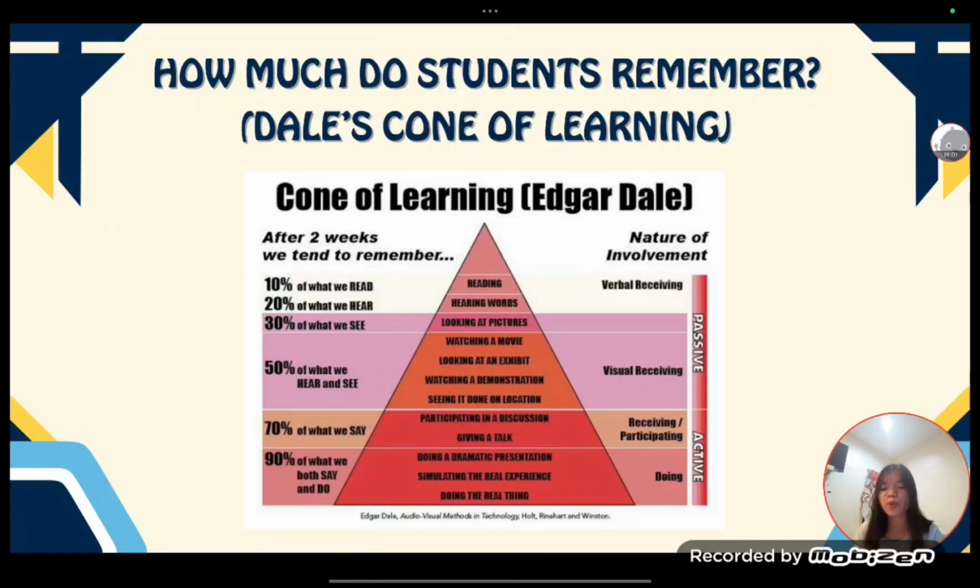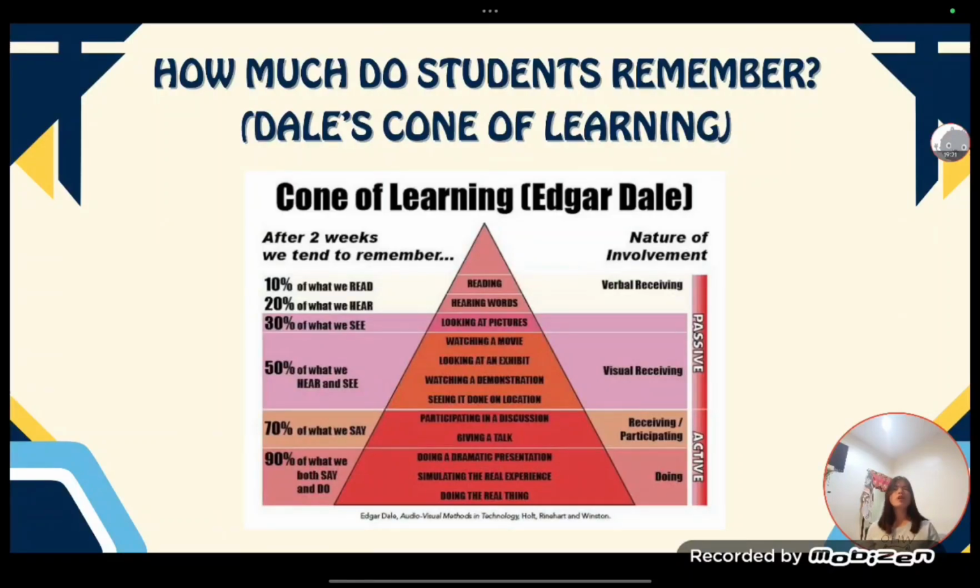So 90% naman is what we say and do. Ito yung mga sinasabi natin at the same time ginagawa natin. So this includes doing a dramatic presentation, simulating the real experience, or doing the real thing.